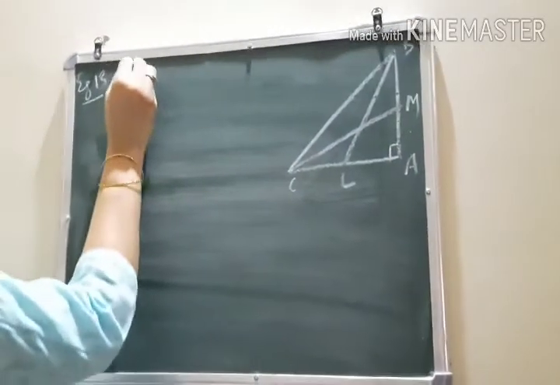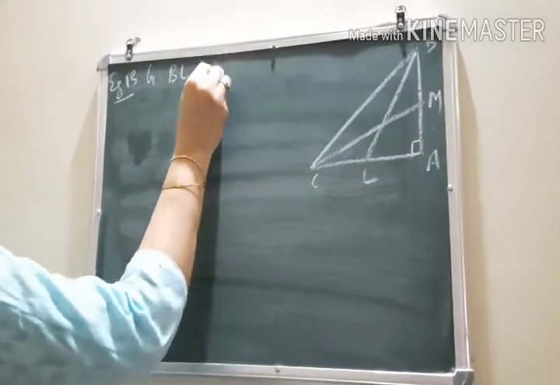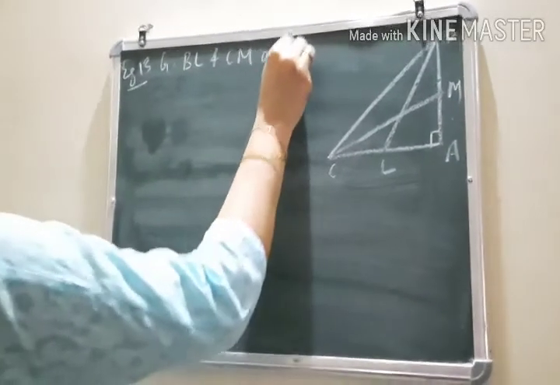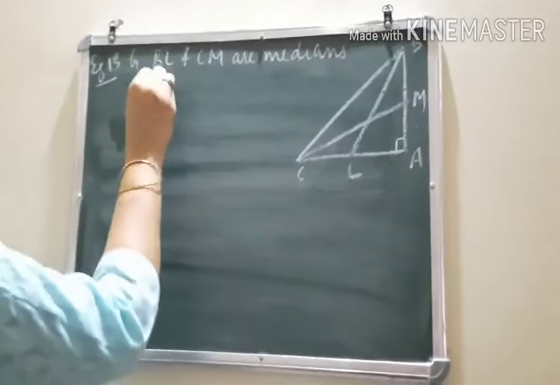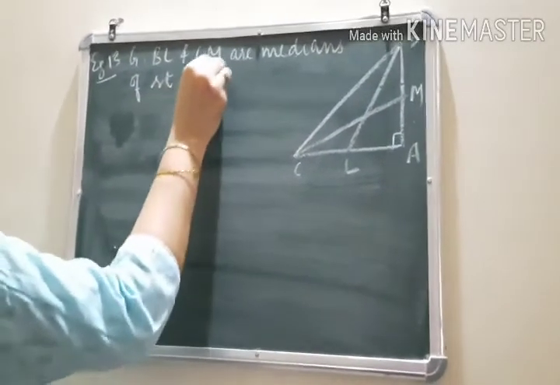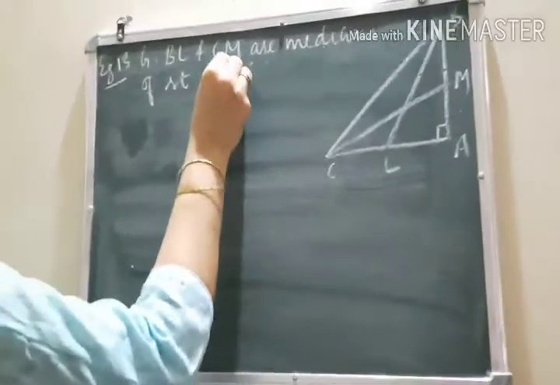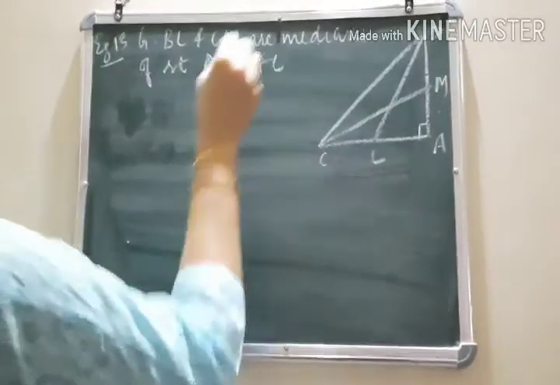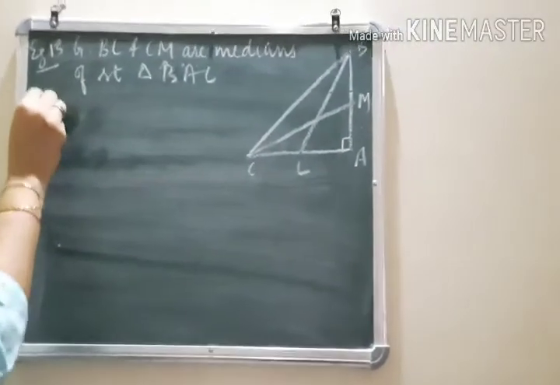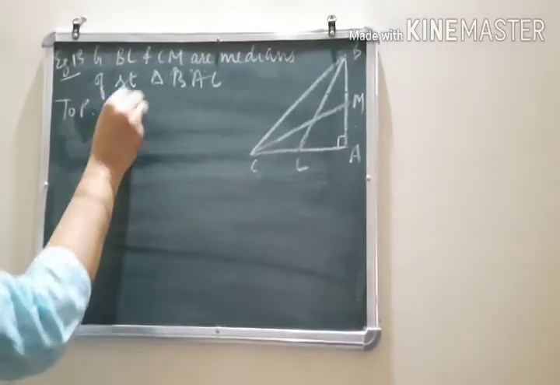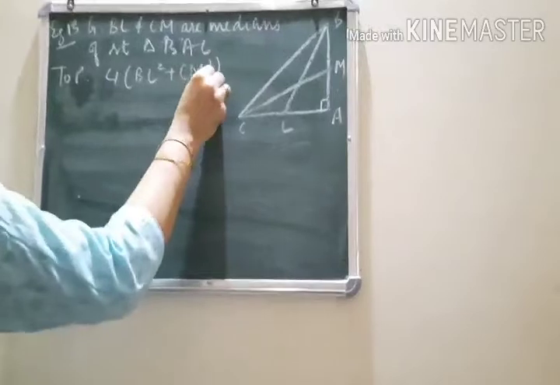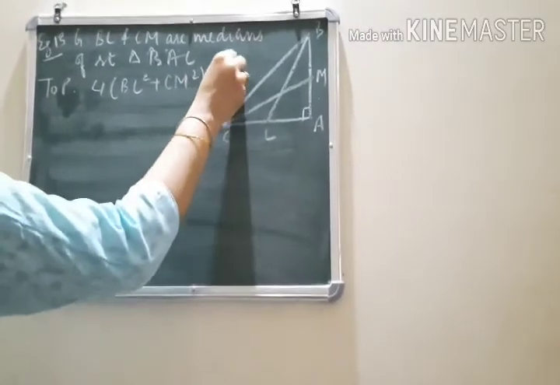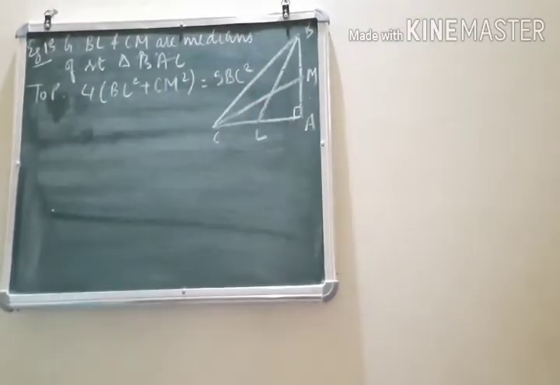So given BL and CM are medians of right triangle ABC, where A is 90 degrees. You have to prove that 4 times BL square plus CM square is equal to 5 BC square.